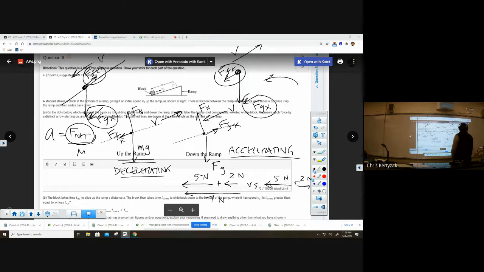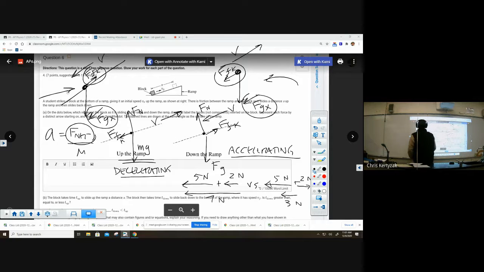So that gives us actually only 3 Newtons. So when do the forces provide the greatest combination? When they're in the same direction, of course. Which means that in this scenario over here, going down the ramp, the rate of acceleration is greater than how quickly it slows down going up the ramp.